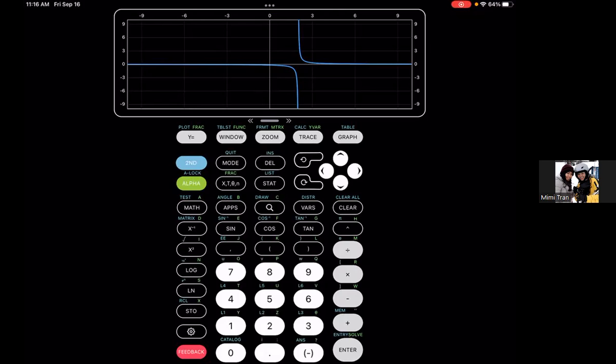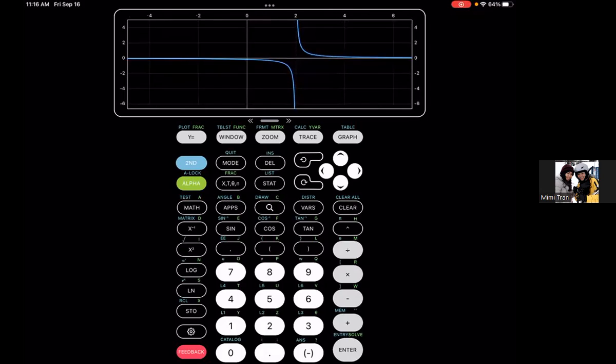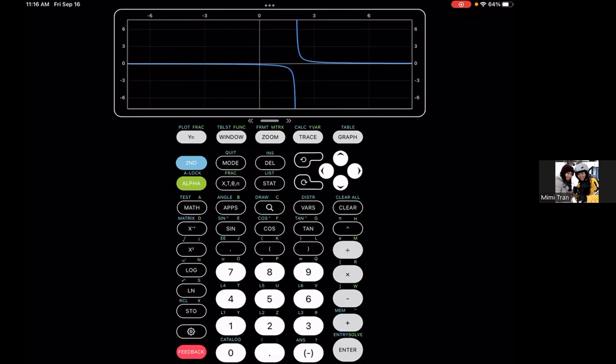I kind of don't like mine a little bit because they don't have a tick mark on your graphing calculator. You should have tick marks. So right here, it should be a vertical asymptote. Guess what the value is? Right here. 2. Why 2? That's where it's not supposed to be.